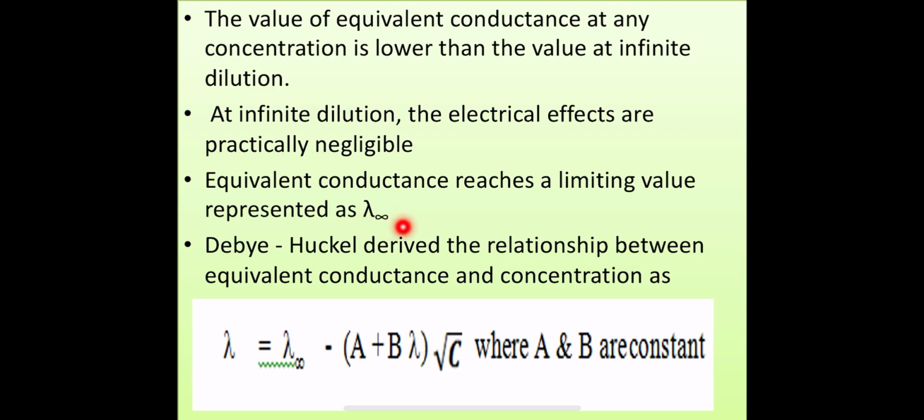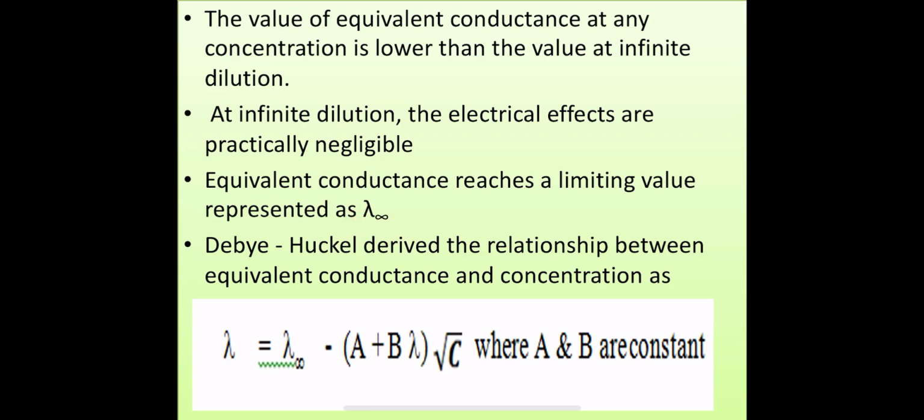Okay, at infinite dilutions the electrical effects are practically negligible. That means these electrical effects, that is the asymmetric effect and the electrophoretic effect, are practically negligible, and hence the equivalent conductance reaches a limiting value which is represented as lambda infinity.